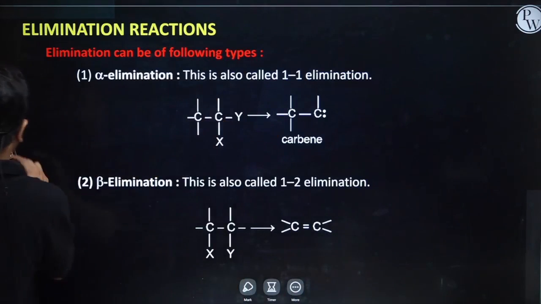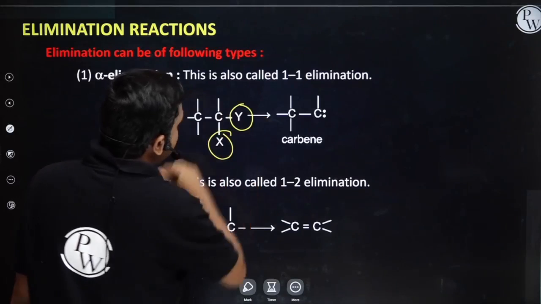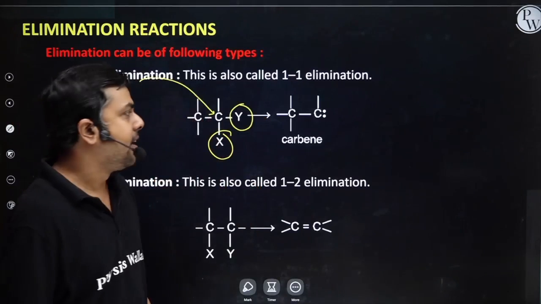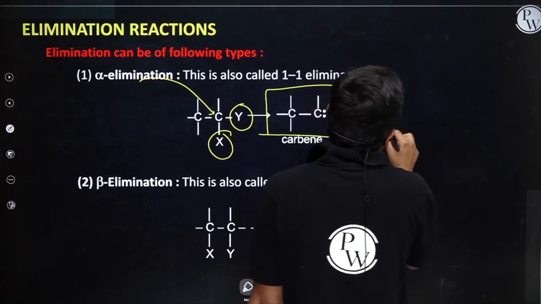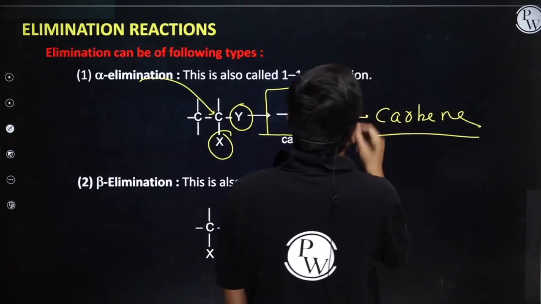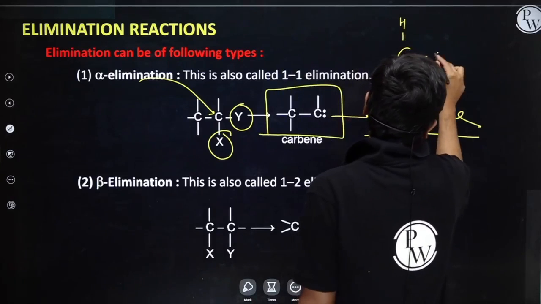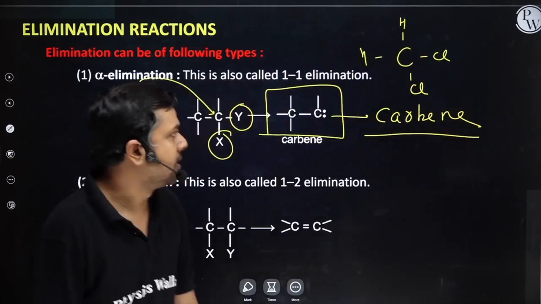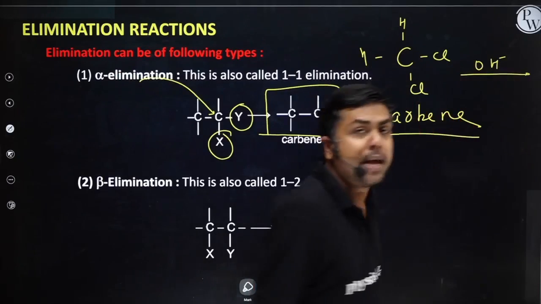We can see here the removal of X as well as Y is occurring from the same carbon, right? And it is giving me the formation of carbene. So alpha elimination always leads to the formation of carbene. We can consider one more example, CHCl3. Let's take it. Now it's treated with a base, OH minus. What will this base do?